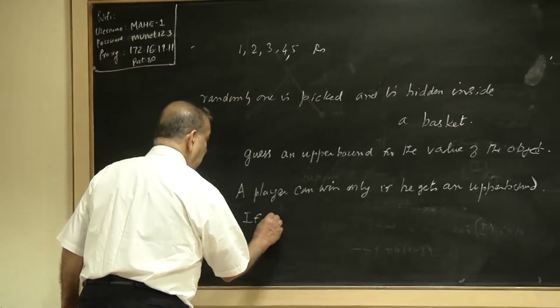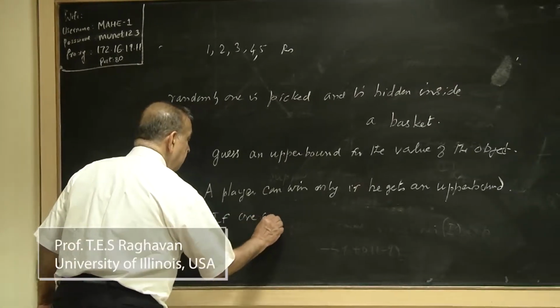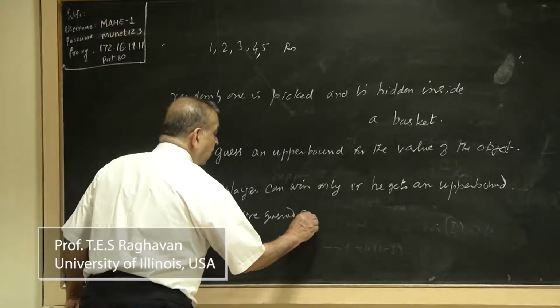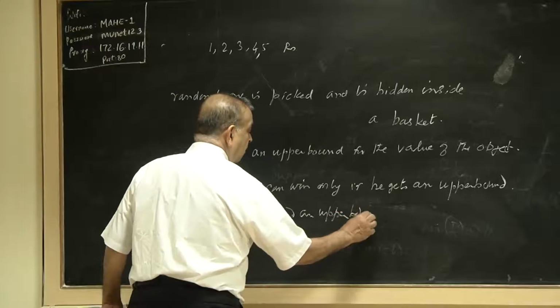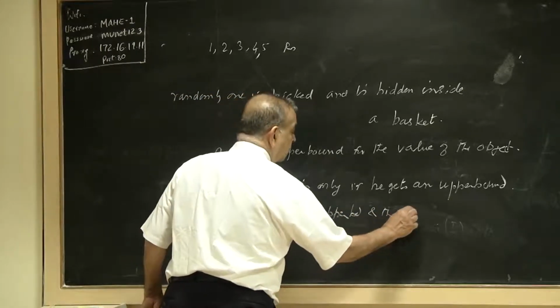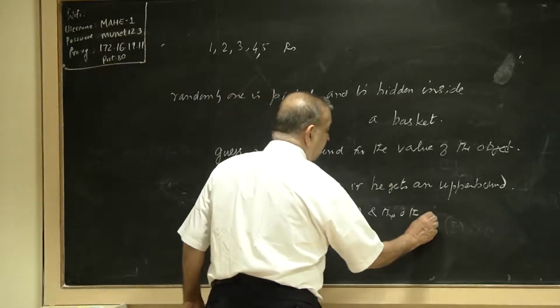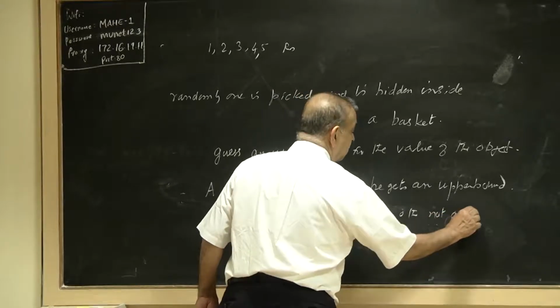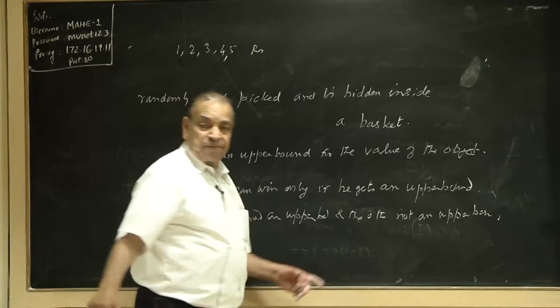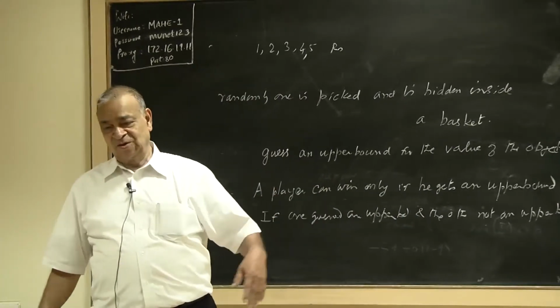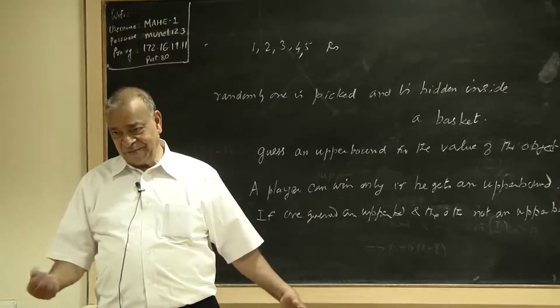If one gets an upper bound and the other not an upper bound, the player who gets the upper bound wins, no matter what it is. You follow me?